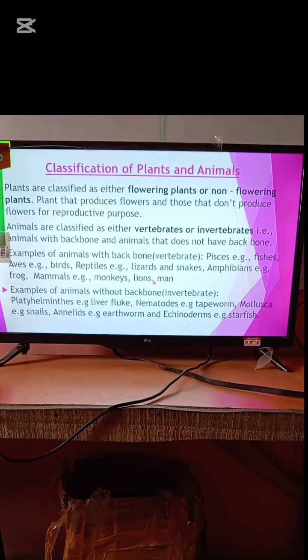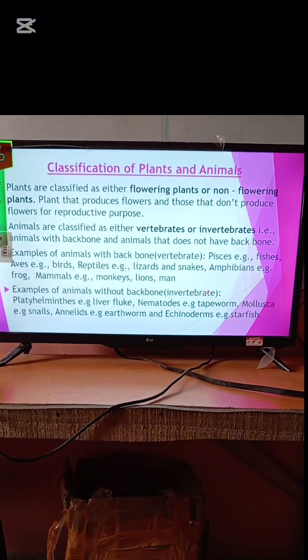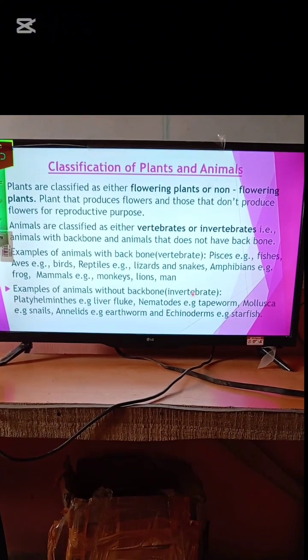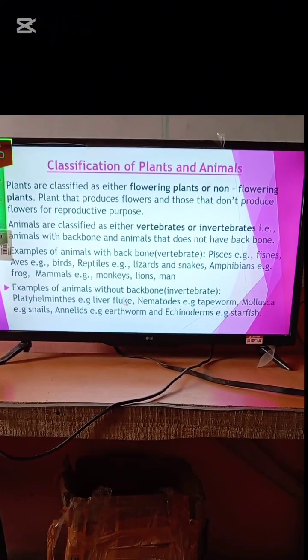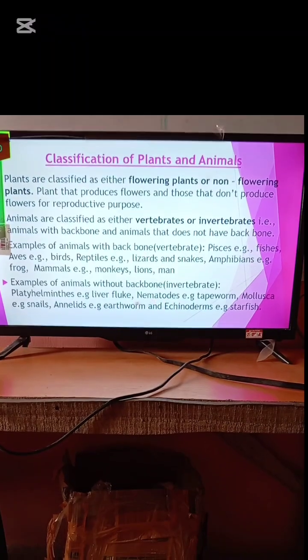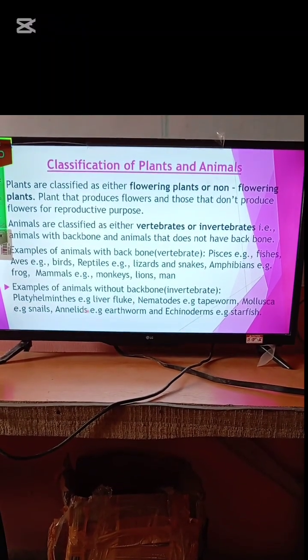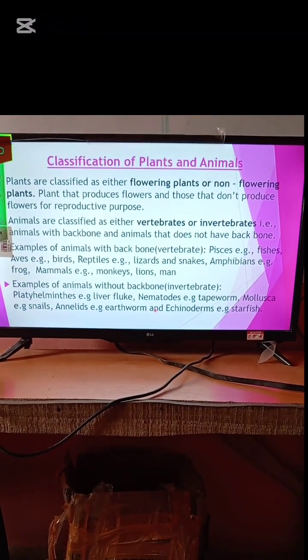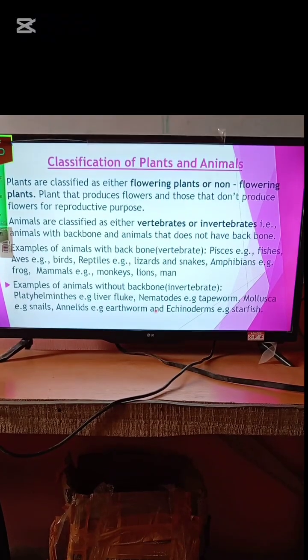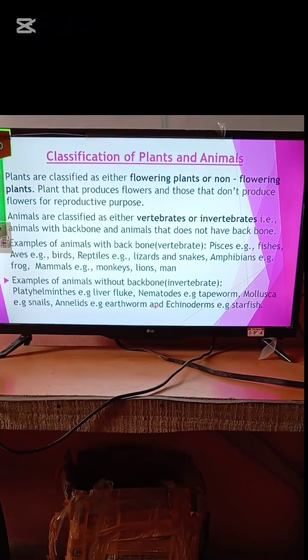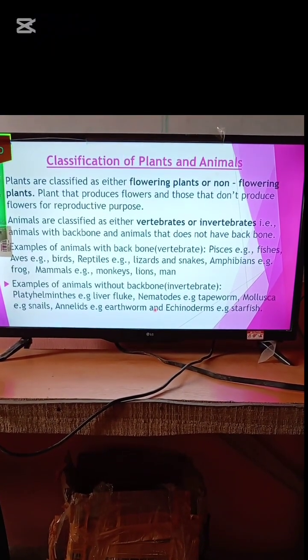Examples of animals without backbones are invertebrates like liver fluke, nematodes, annelids, and echinoderms.